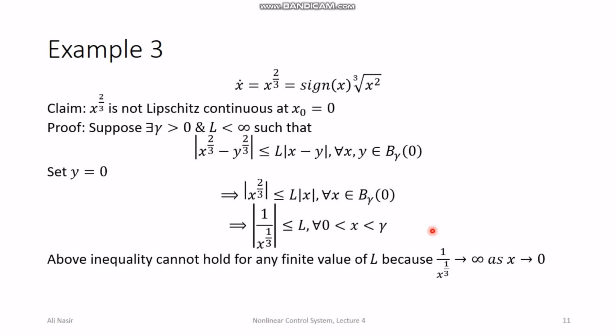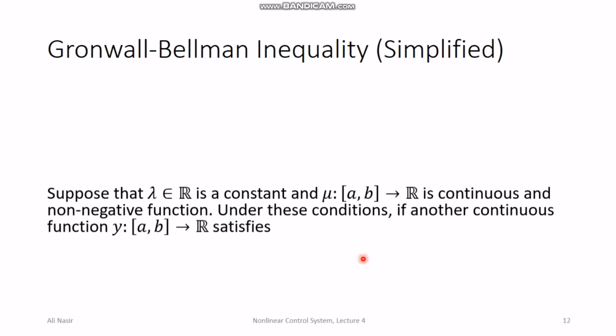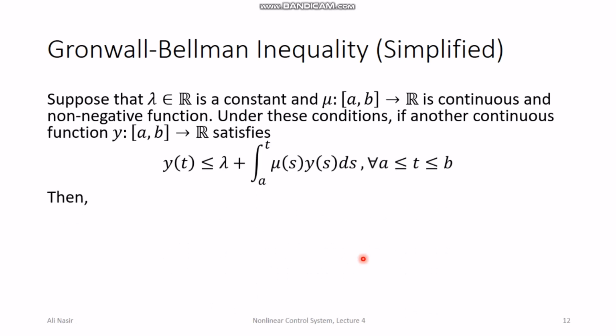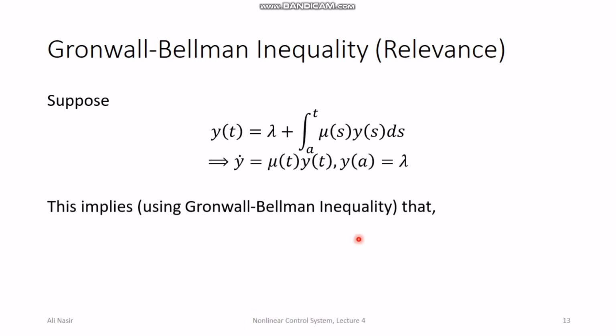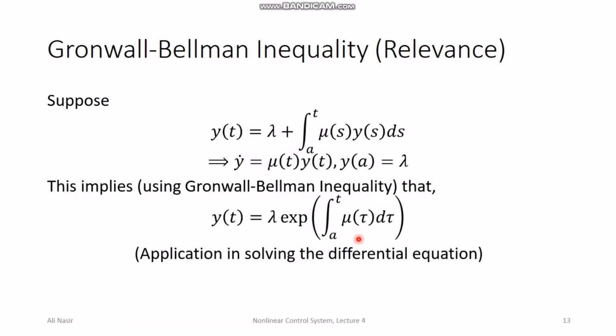And then we discussed the Gronwall-Bellman inequality, which turns an implicit bound into an explicit bound. And why is this important? Why is this relevant? The importance is that it turns an implicit bound into an explicit bound, but the relevance is that it is used in solving differential equations.